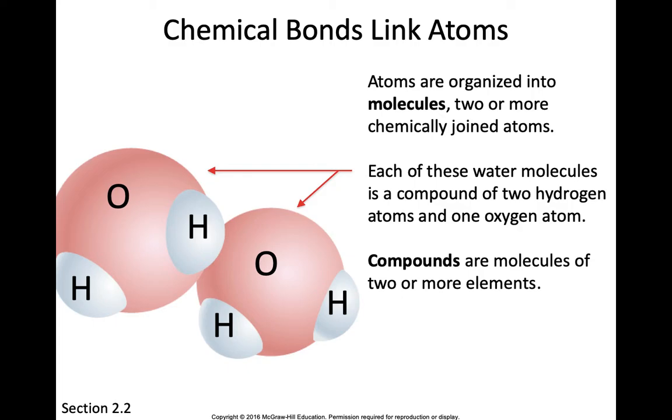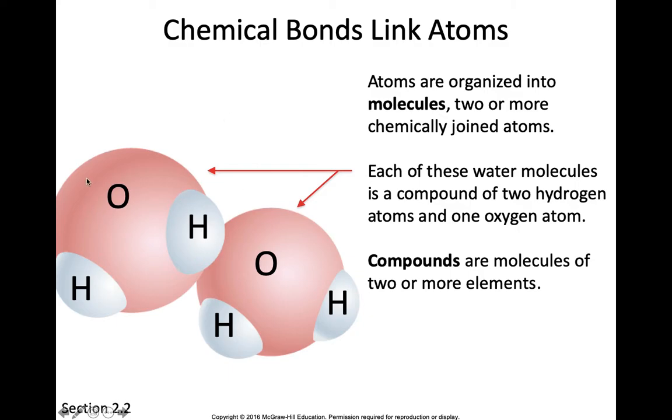So you can have a bunch of oxygens or a bunch of oxygen and hydrogen. That's a molecule. Anything that's got one or more atoms bonded together. They don't have to be the same, and they don't have to be different. Anything that's just got one or more atoms stuck together in it, joined by some sort of chemical force.